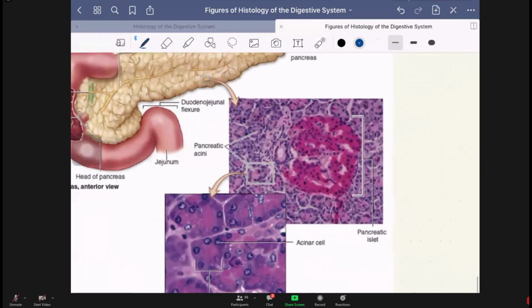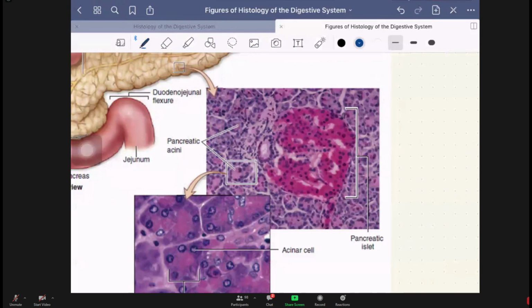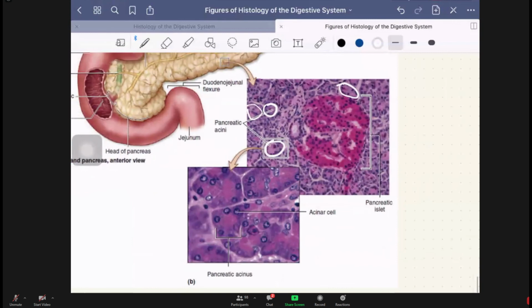If you see the histological structure of the pancreas, these are the pancreatic acini or the exocrine part. And among the exocrine part, there are some island-type scattered groups of cells.